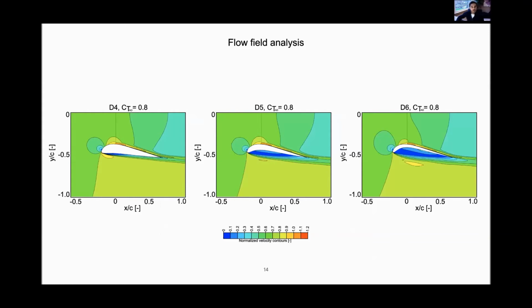What I show out here are the 3 variants of the duct configuration, D4, D5, and D6, which are mostly the cambered variants. Inside the rotor plane, inside the duct plane, you would see the region where you have a high velocity concentration, or the additional mass flow that has been sucked.